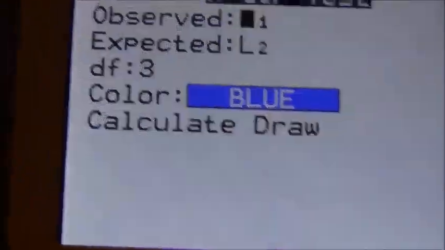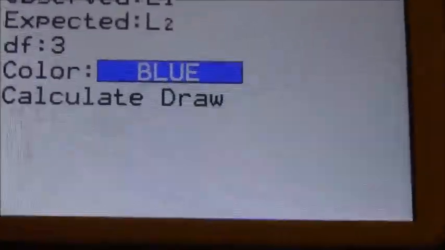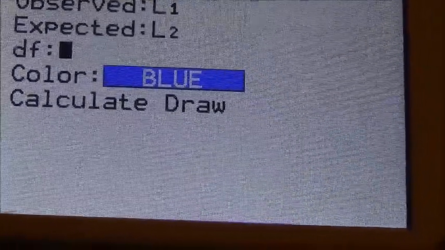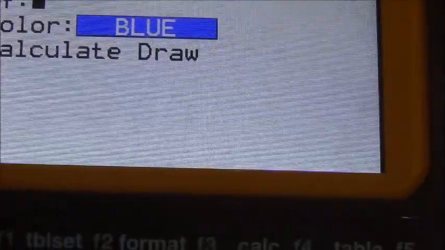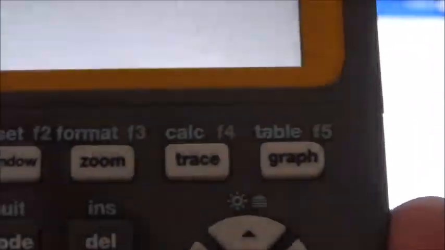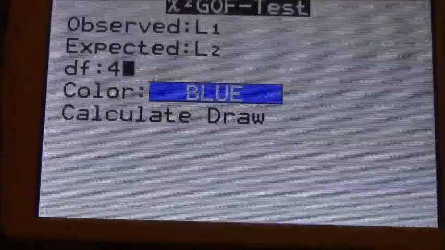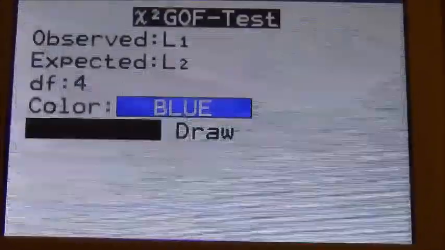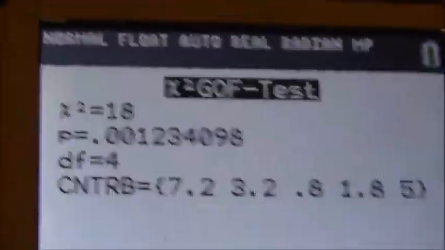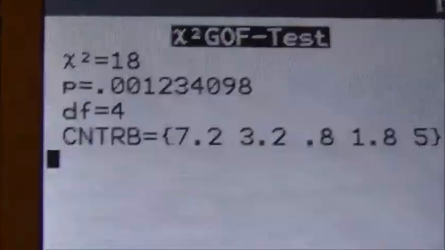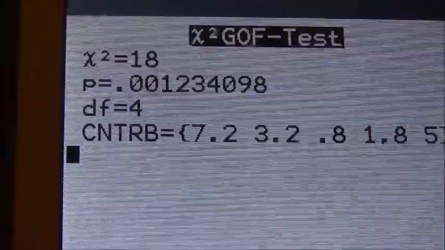We do have to enter our degrees of freedom. Our degrees of freedom for this problem is n minus 1. We have 5 values, and 5 minus 1 is 4, so I'm going to put 4 in there. Cursor down to calculate and hit calculate. It gives me the chi-squared value, which is your test value. So your test value is 18.